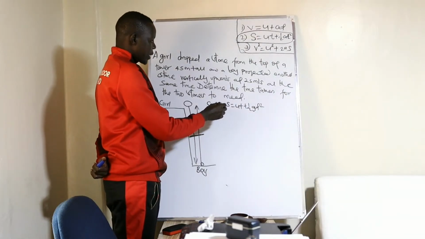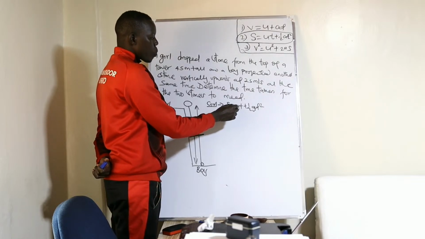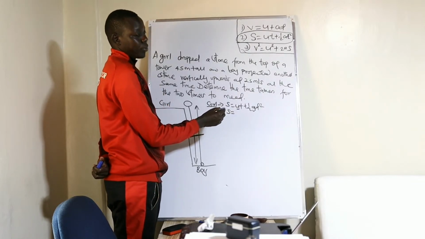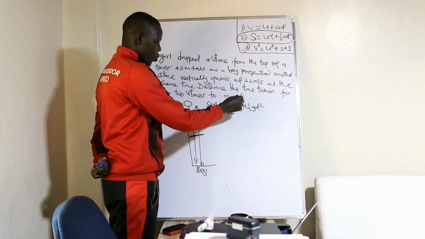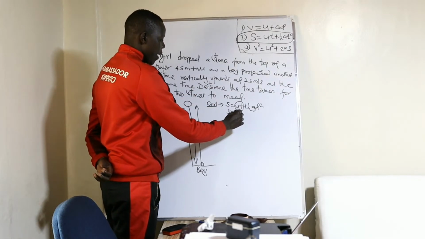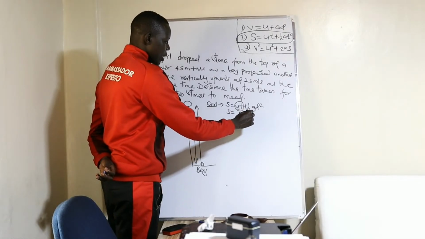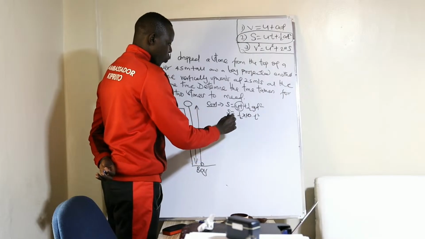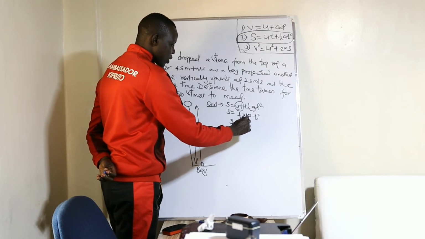We are looking for S. So S is equal to u, kumbuka u is 0 for the girl, so that part becomes 0, plus a half times 10 times t squared. So S for the girl would be 5t squared.